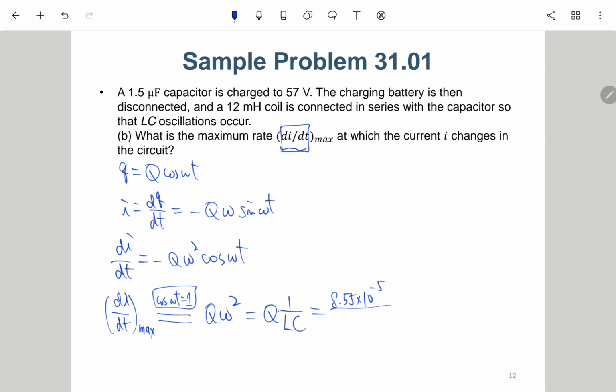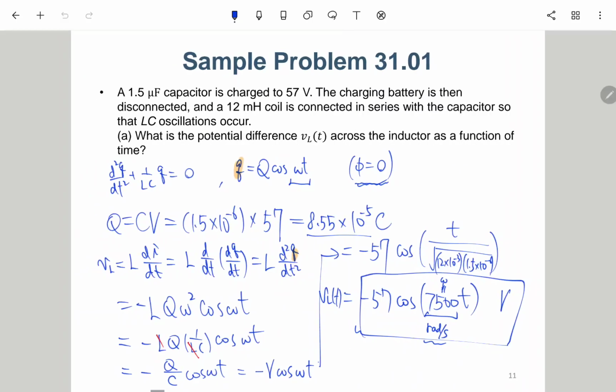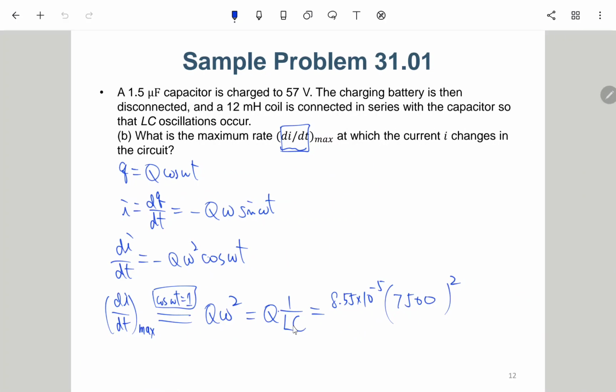We already know that 1 over square root of LC is 7,500, so 1 over LC should be 7,500 squared.